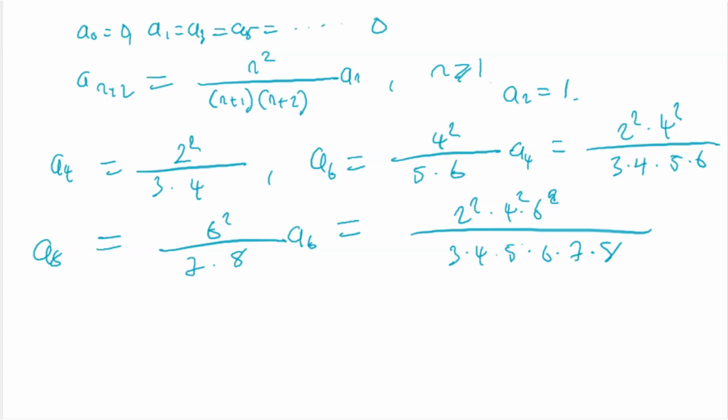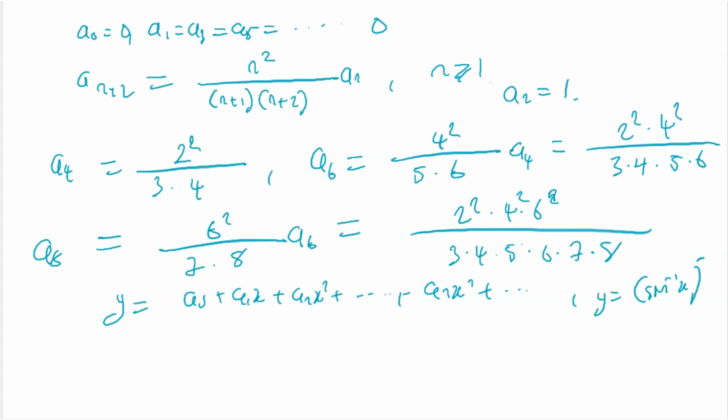So y equals a sub 0 plus a sub 1 x plus a sub 2 x squared plus, up until a sub n x to the n, to infinity, and y is sine inverse of x all squared. The expansion y is given by a sub 0 is already 0, and a sub 1 is 0, right?